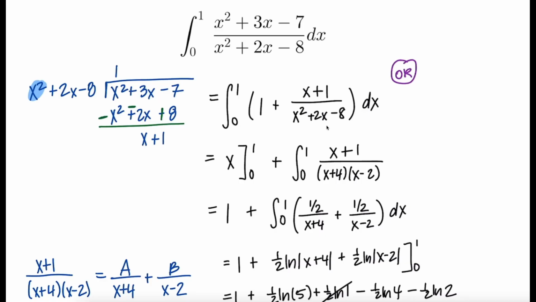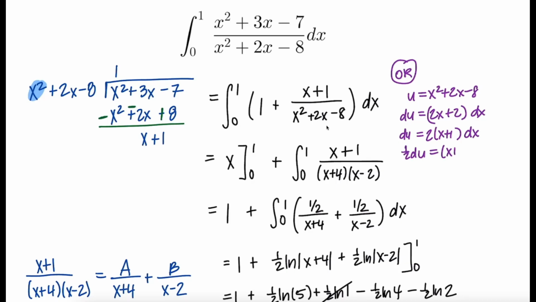What we could have done is say that u was x squared plus 2x minus 8, then du is 2x plus 2 dx, and if I pull out a 2, I actually have a multiple of the numerator there. So a half du is x plus 1 dx. So I could have done a u substitution. I did have to deal with the limits of integration, but just want to keep that in mind.